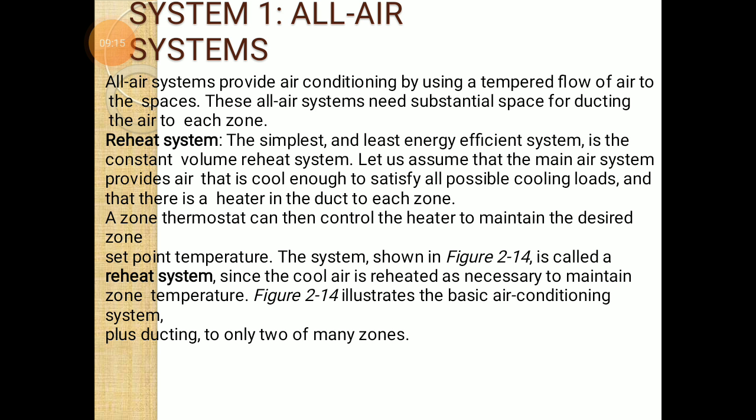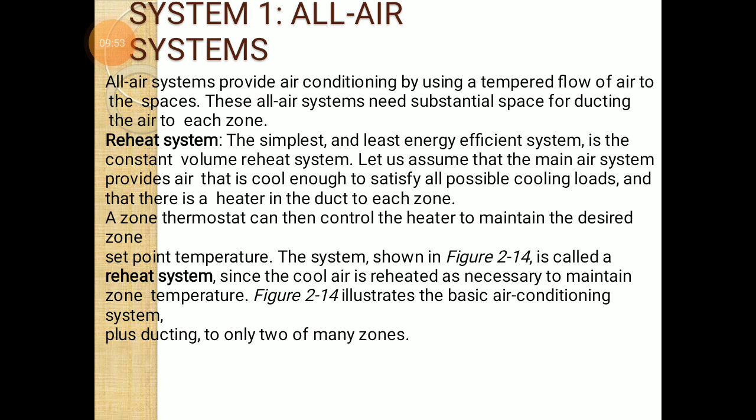All air systems provide air conditioning by using a tempered flow of air to the spaces. These all air systems need substantial space for ducting the air to each zone. Reheat system. The simplest and least energy efficient system is the constant volume reheat system.